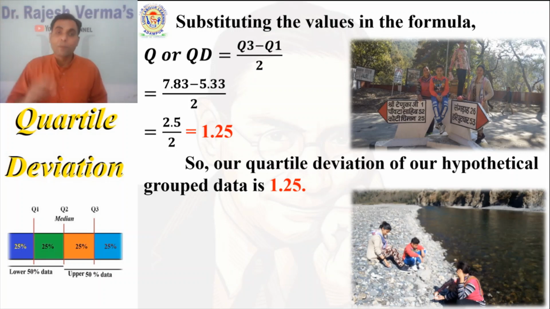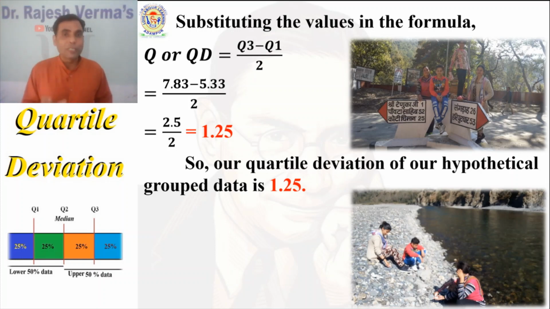So 2.5 is the interquartile range of this group data which I have shown you in the tables. If you want to calculate the quartile deviation, you divide 2.5 by 2. The answer will be 1.25. That is the semi-interquartile range, or you can call it the quartile deviation.